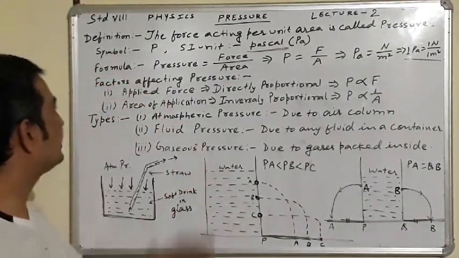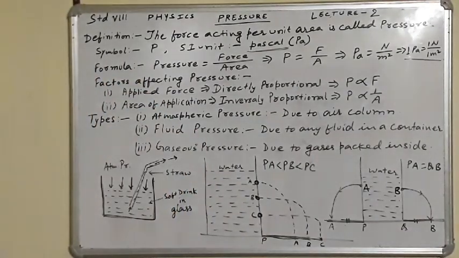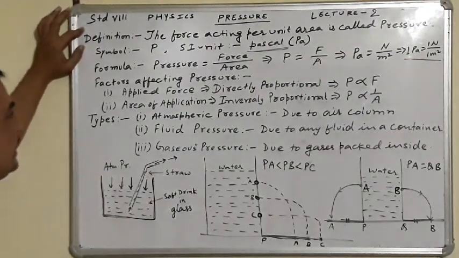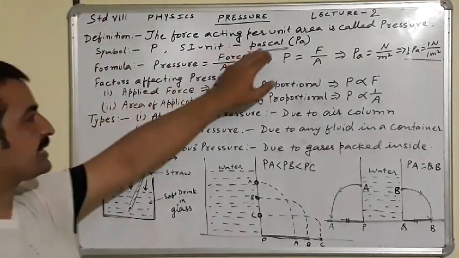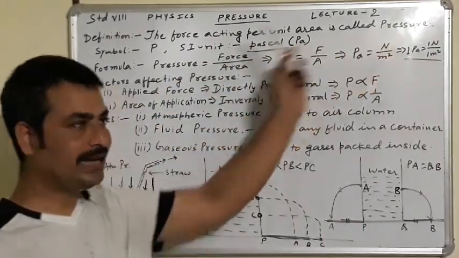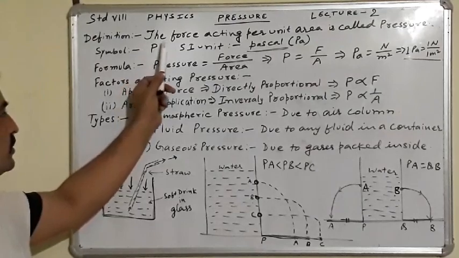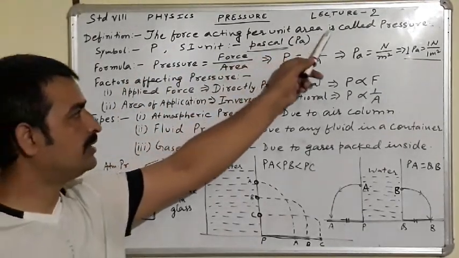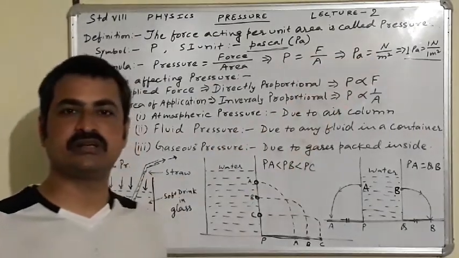First of all, just look at the board. In place of definition, it is written that the force acting per unit area is called pressure. I repeat, the force acting per unit area is called pressure.